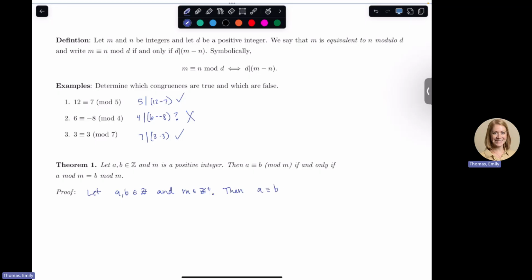A is congruent to B mod M if and only if, by the definition up at the top of the page, M divides A minus B. Further, M divides A minus B if and only if what is true? What does that mean by definition?